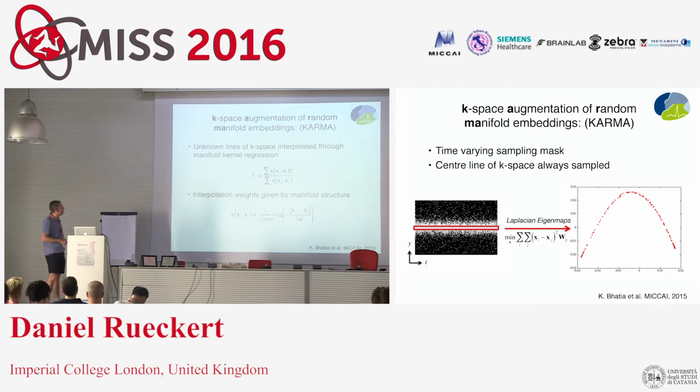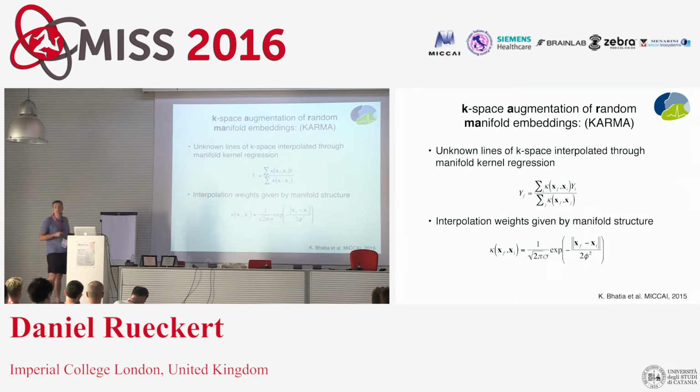Okay? So in order to get the unknown lines of k-space, which I've not acquired in this particular frame, but I might have acquired at some other time point, I'm going to apply basically this kernel-based regression using a Gaussian kernel, but using manifold coordinates as your weights for the kernel regression.